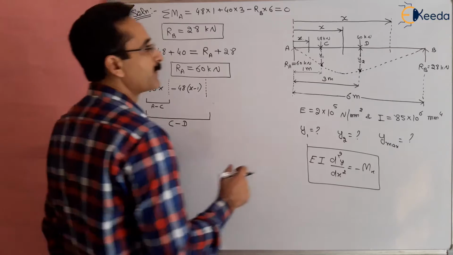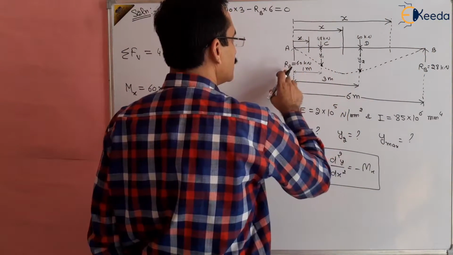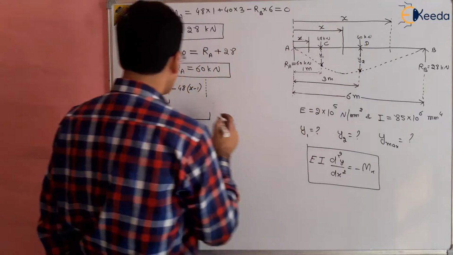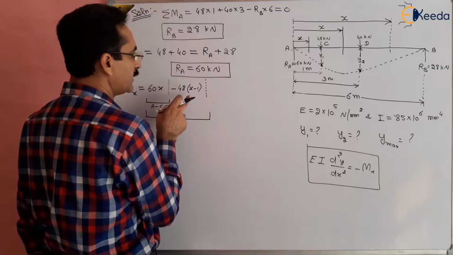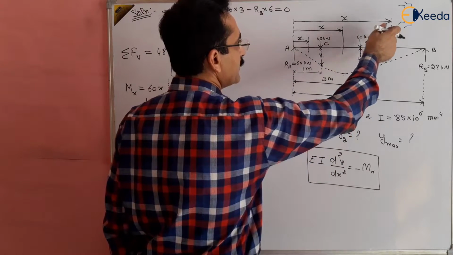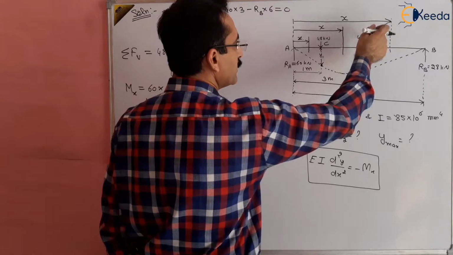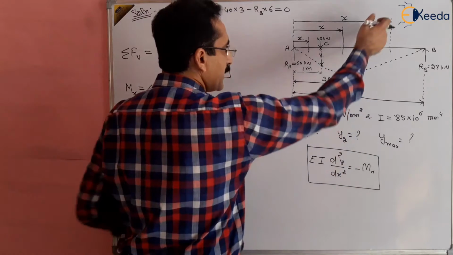And for the third part, take the moment about this axis between D to B, of RA, 48 and 40. So the moment of RA will be 60x, the moment of 48 will be this, and then the moment of 40 will be 40 multiplied by x minus 3.